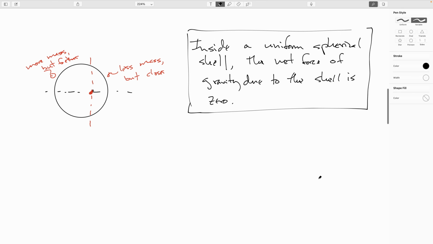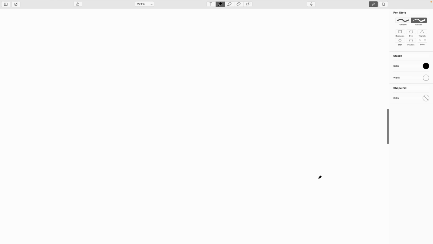All right. So what this means is that our next corollary to this is if we have any spherically symmetric object. Let's try that again. There we go. So we have any spherically symmetric object.